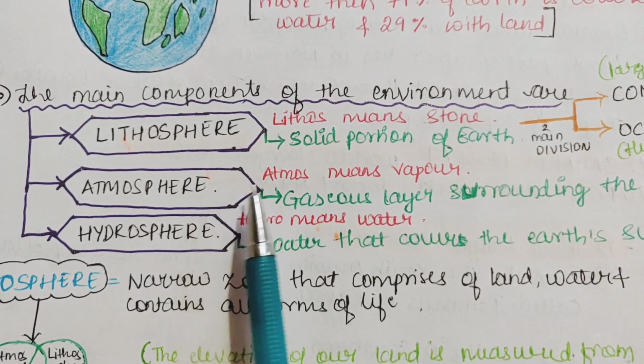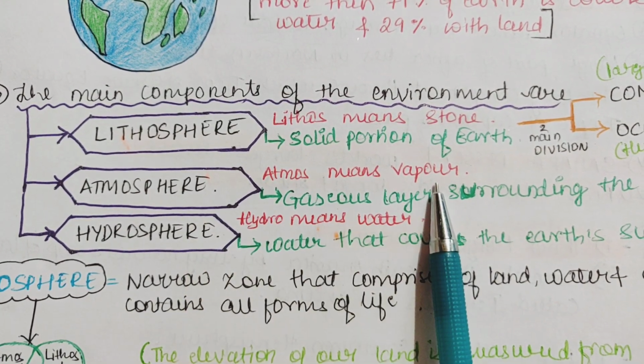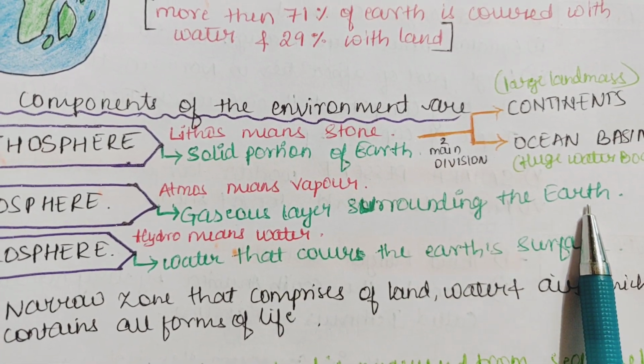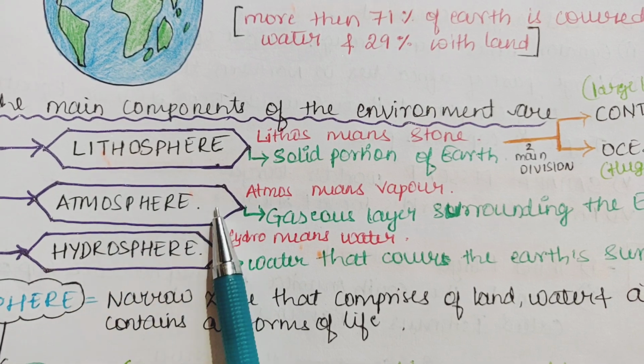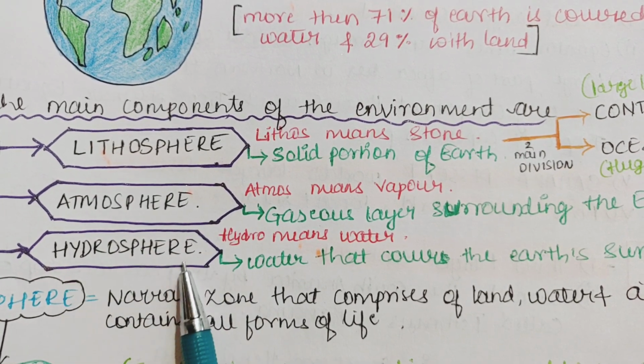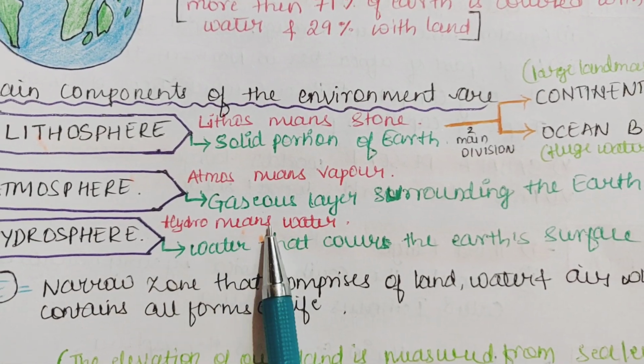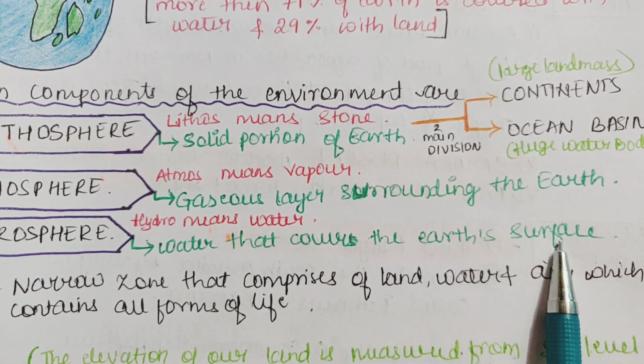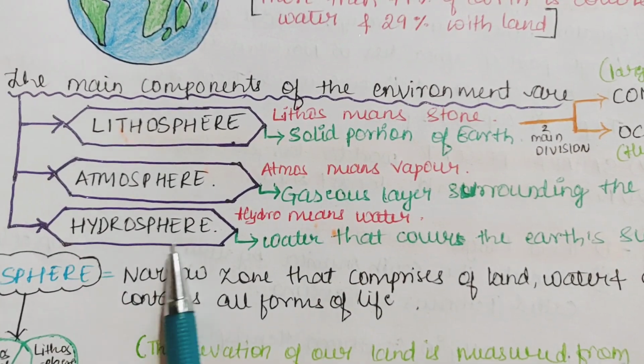Atmosphere. Atmos means vapor. The gaseous layer surrounding the Earth is known as the atmosphere. Hydrosphere. Hydro means water. Water that covers the Earth's surface is known as the hydrosphere.